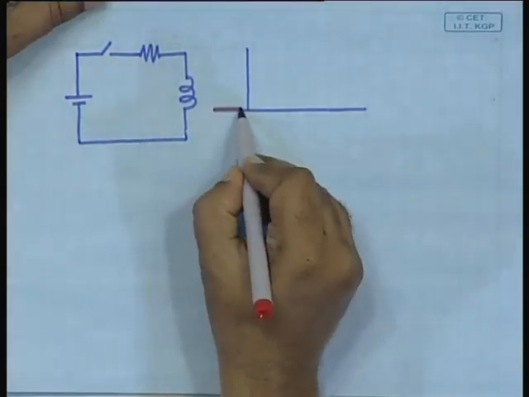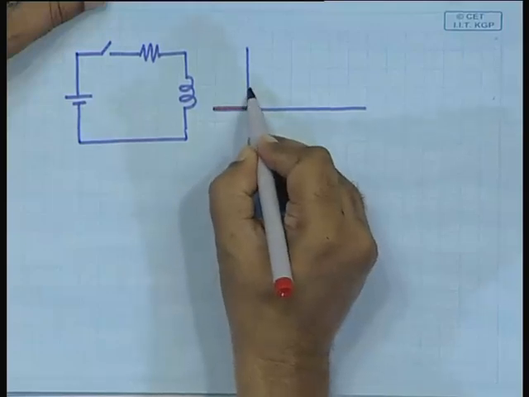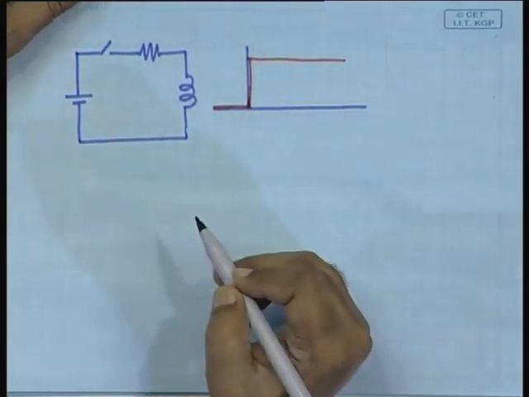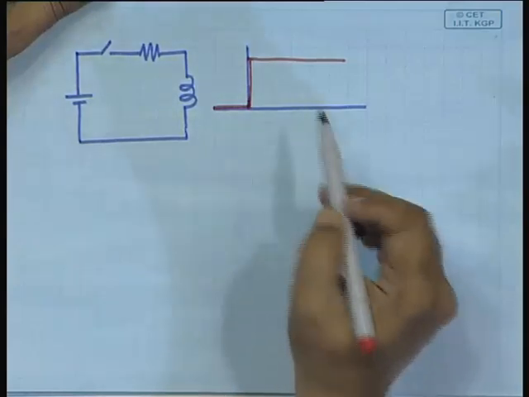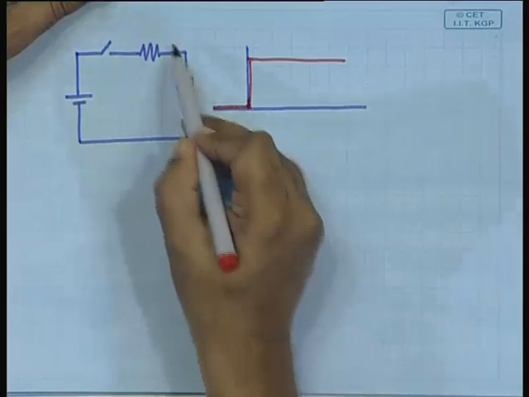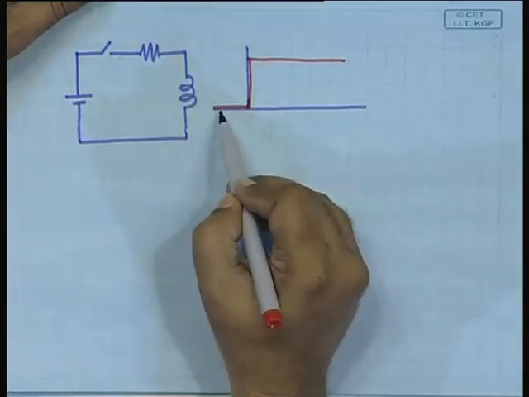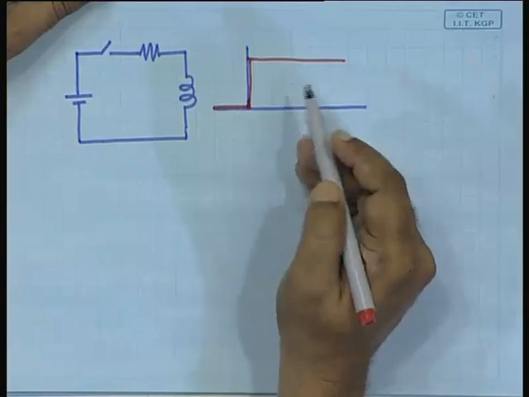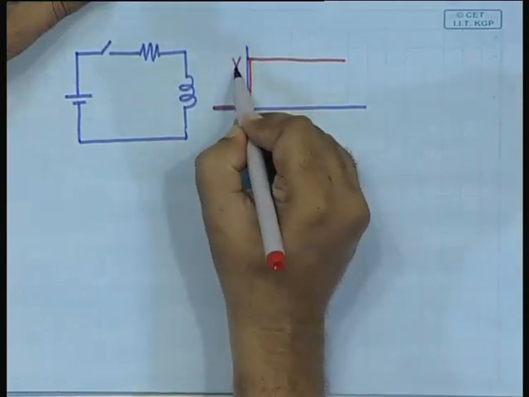It was earlier 0, at this point it will rise to some value and then it would be like this, fine. So the applied voltage on this RL block will be initially 0 and then at some point it will be applied. So this is the applied voltage V.